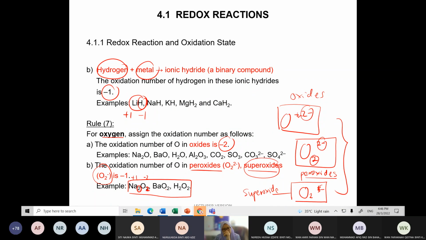This is peroxide, and then how about this one? This is BaO2, -2. This is superoxide, guys. This is superoxide because it maintains the 2 there. Here is positive 2, right? So this is -1.